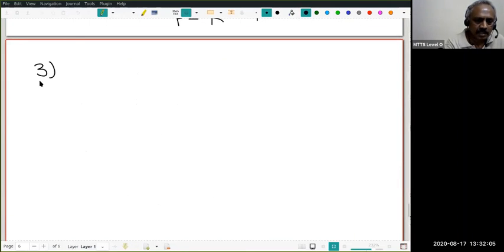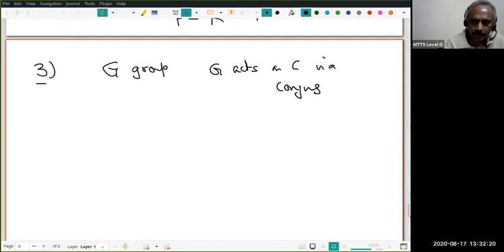Now let's look at the last example. Let us assume G is a group, and let G act on G by a conjugation action. Do you recall what it is? The action g dot x is g x g inverse. Now what do we know?